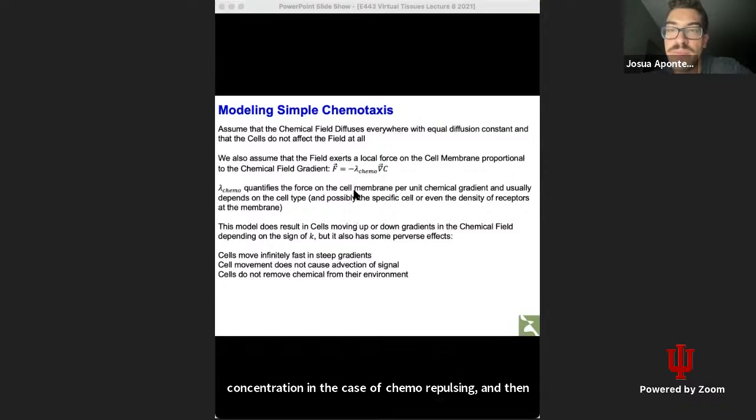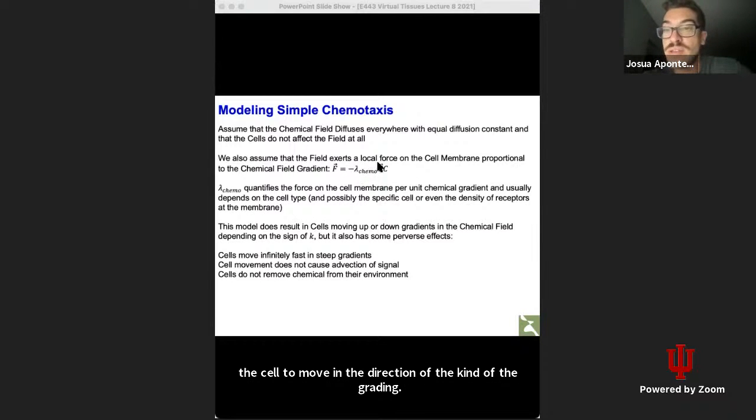And then this proportionality term is what we will call lambda chemotaxis, and that lambda chemotaxis scales the force experienced by the cell to move in the direction of the gradient. It scales the force to the concentration gradient.